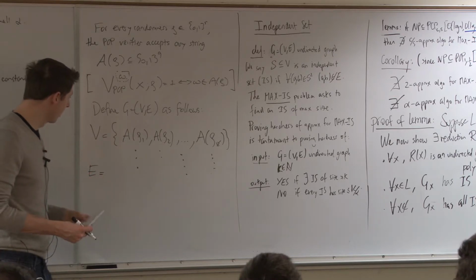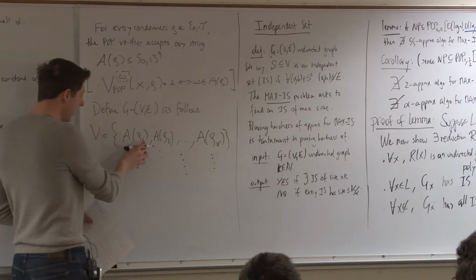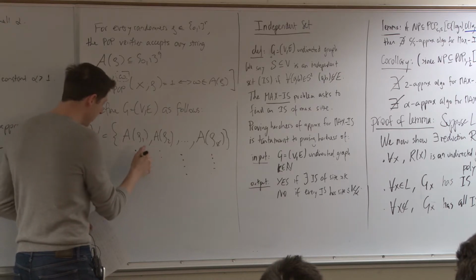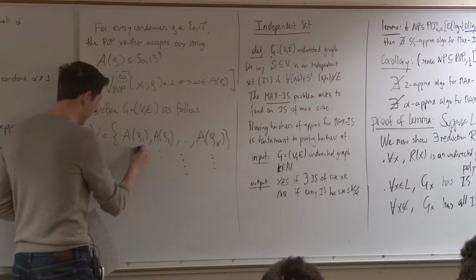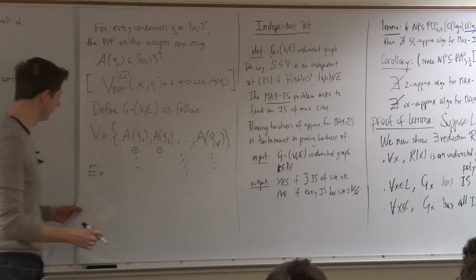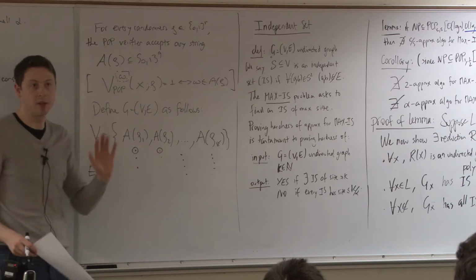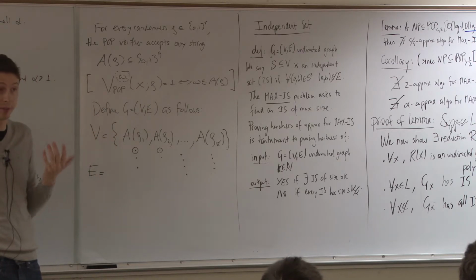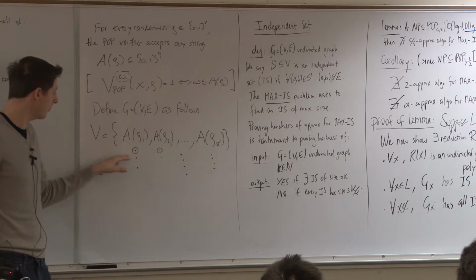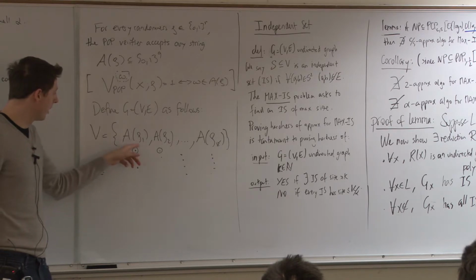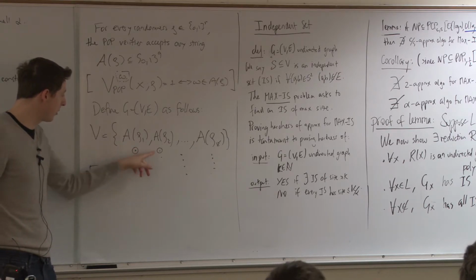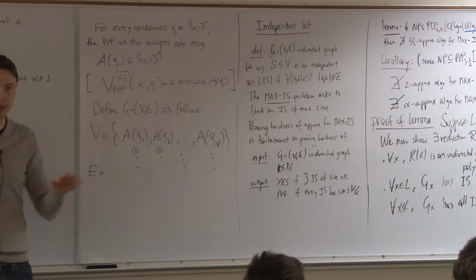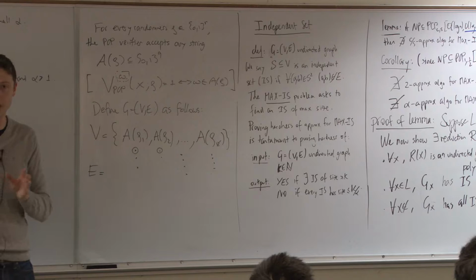Let's consider maybe this guy and this guy for a moment. Let's say that right now they're candidates in my independent set, and I'm just trying to reason whether they should or should not be together in my independent set. Let's say that this configuration and this configuration don't share any locations. Like they're answers to very different locations in the proof.